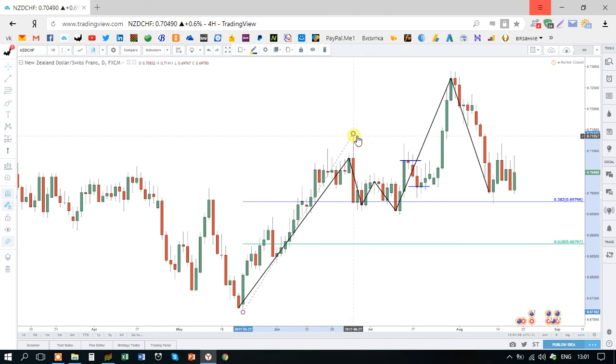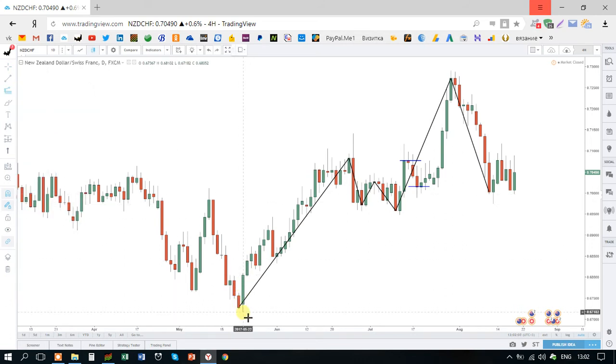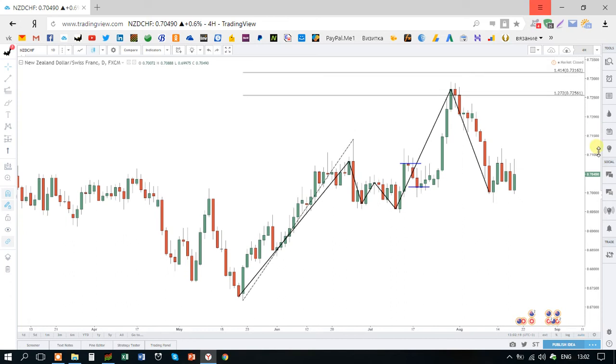If this criterion is met, then we need to measure the extension of A to B from X to A, like this. The extension of X to A. This time the C point is valid if it at least touches the 127 extension and doesn't close above 1414.